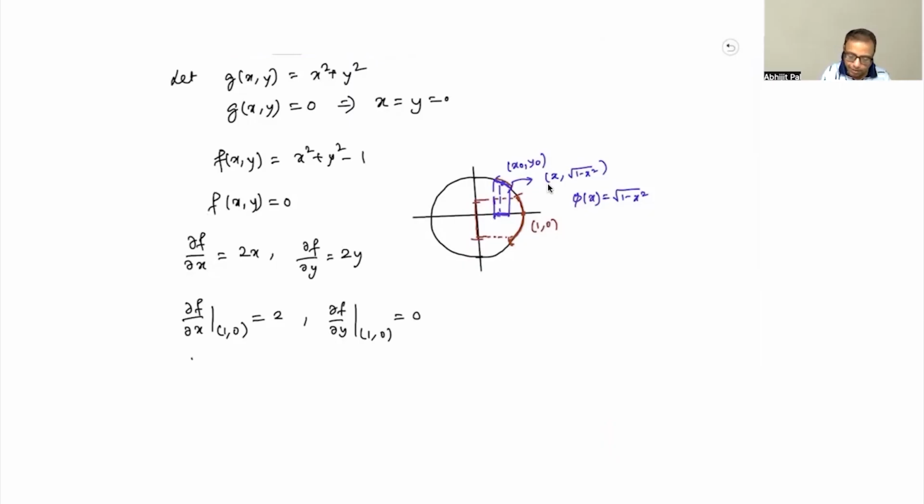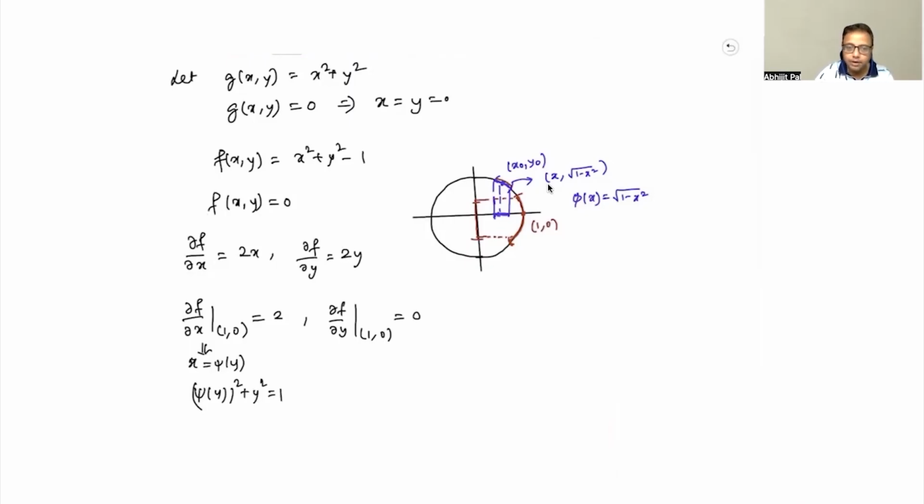Because del f/del x at (1, 0) is not equal to 0, I can write x as a function of y, x = psi(y), and psi(y)^2 + y^2 = 1.